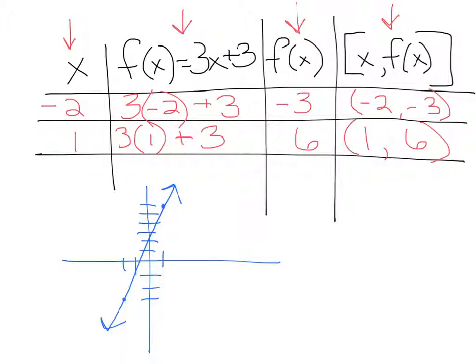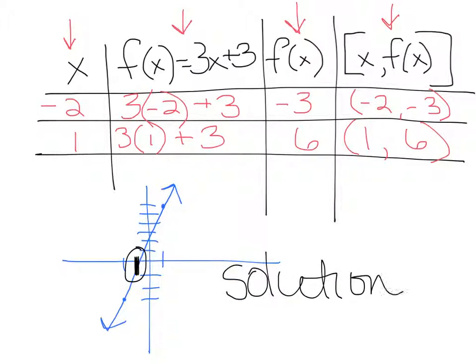Now, when you have this graph, the solution of the equation is where it crosses the x-axis. My graph was off just a little bit, but it should intercept at negative 1. And so you would be able to say that the solution for this equation is negative 1.